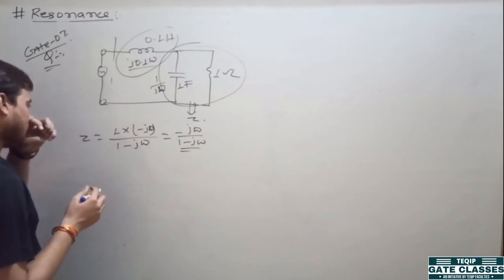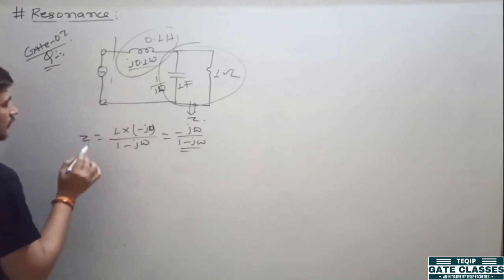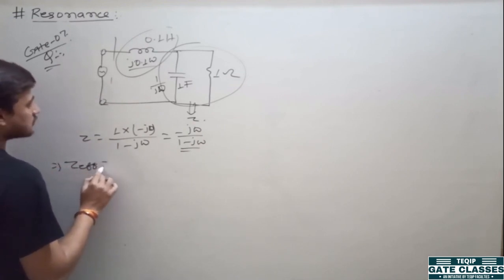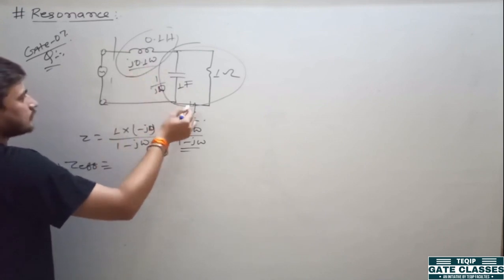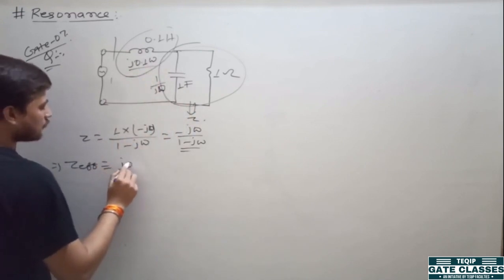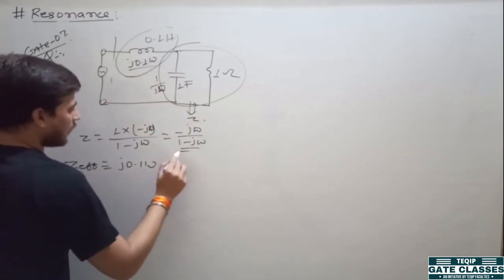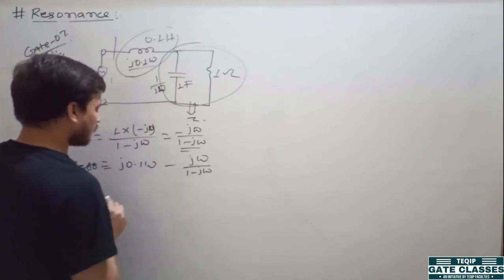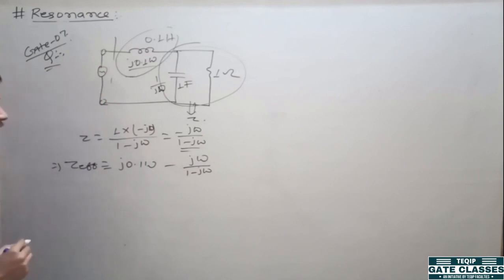Now what do we do? Now you write the complete Z. So Z equivalent will be equal to how much? It will be equal to the sum of these two impedances. So j 0.1 omega plus minus j omega divided by 1 minus j omega.